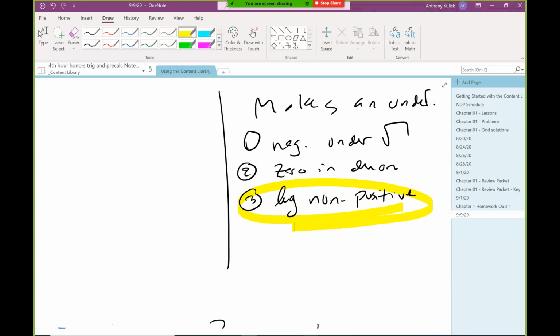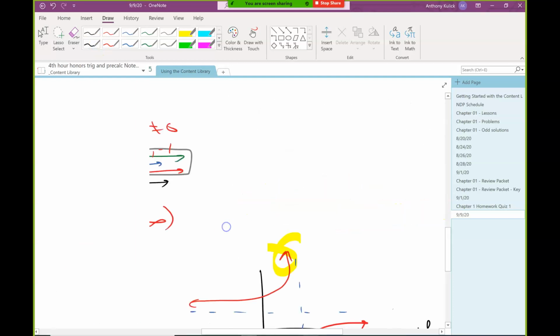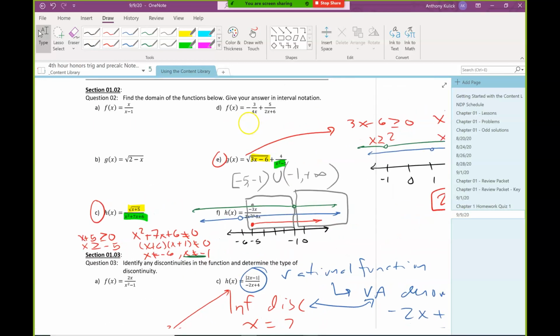So really, the only two situations you need to worry about are x's in the denominator and x's under square roots. Right? Because we haven't even seen even roots other than square roots. Does that feel okay? Did that help? Yeah. Okay. All right. Other questions. These are good ones, guys. You can keep them coming.